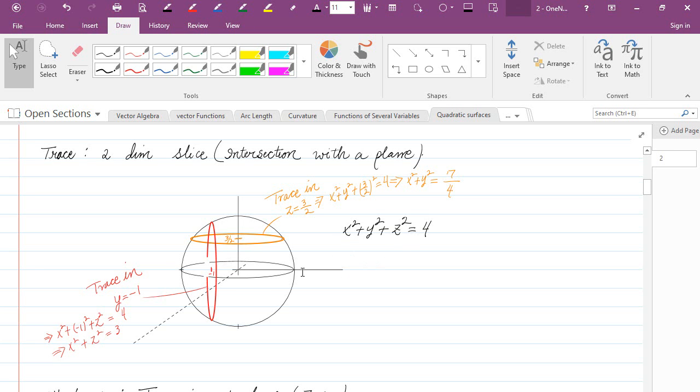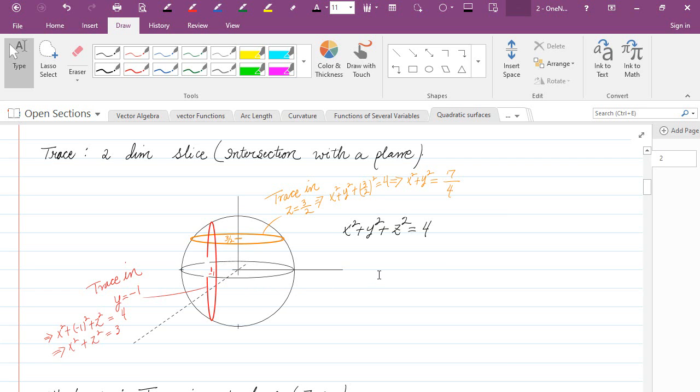The intersection would be found by plugging in 0 for z, because in the xy plane z is 0. Then I get x squared plus y squared is equal to 4, which is a circle of radius 2. So the intersection of the sphere with the xy plane is a circle of radius 2, and that's the trace of the sphere in the xy plane.